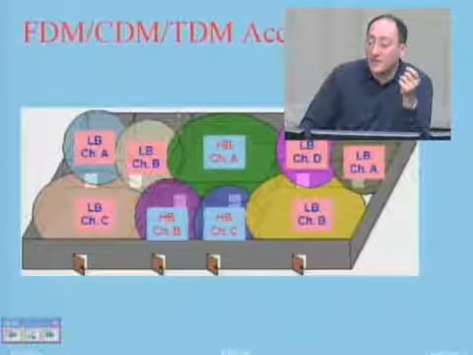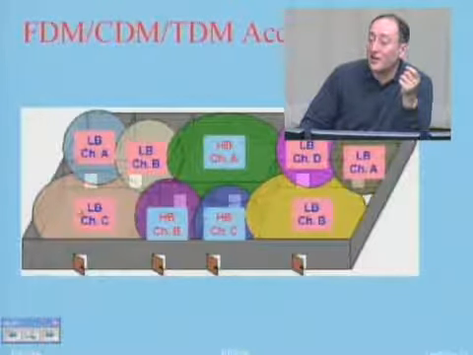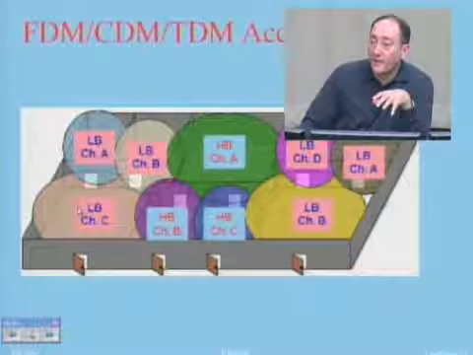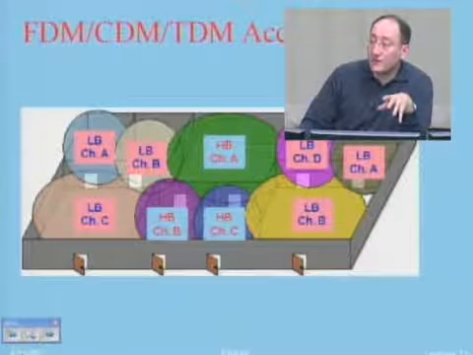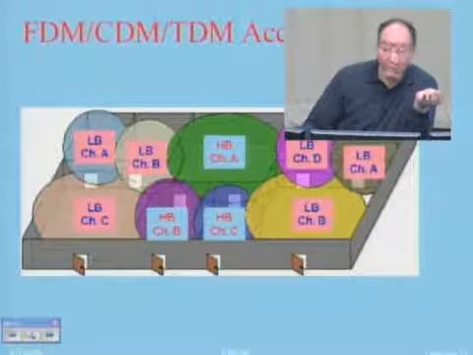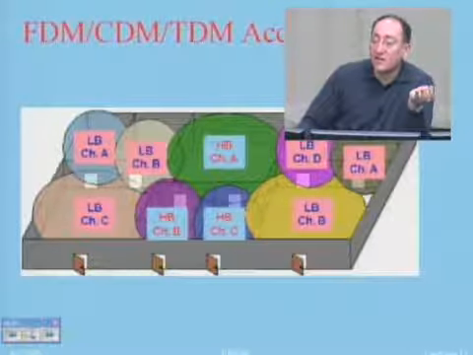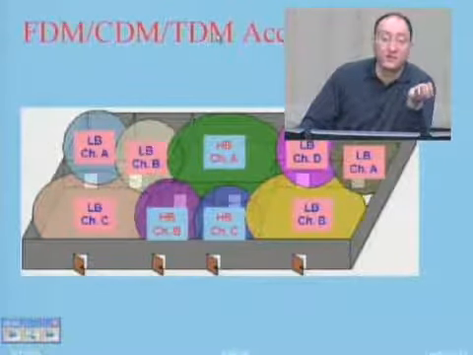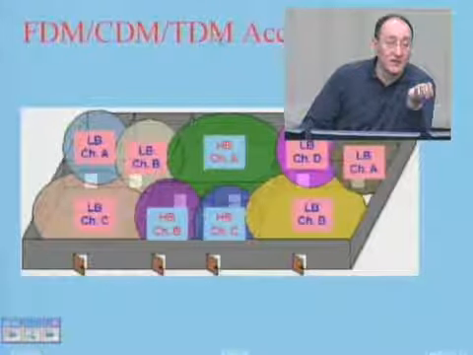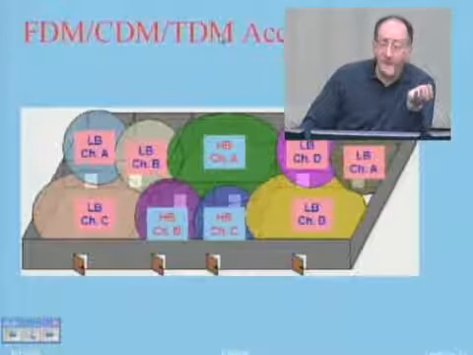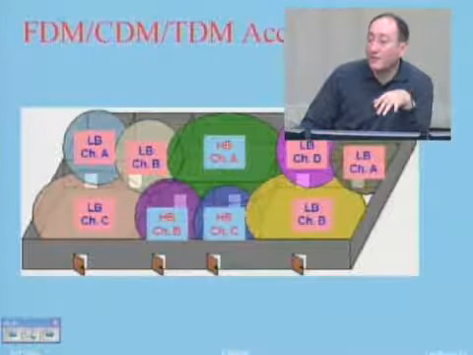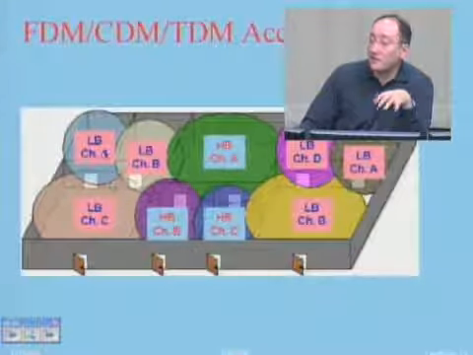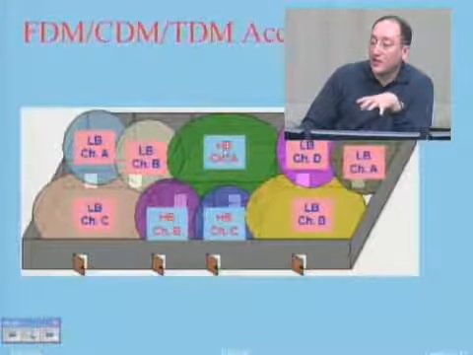The third one is that now inside this area, I have multiple users. How do I assign the multiple users? They are separated by time division multiplexing. Did you follow? So I have frequency division multiplexing with lower and higher bands.